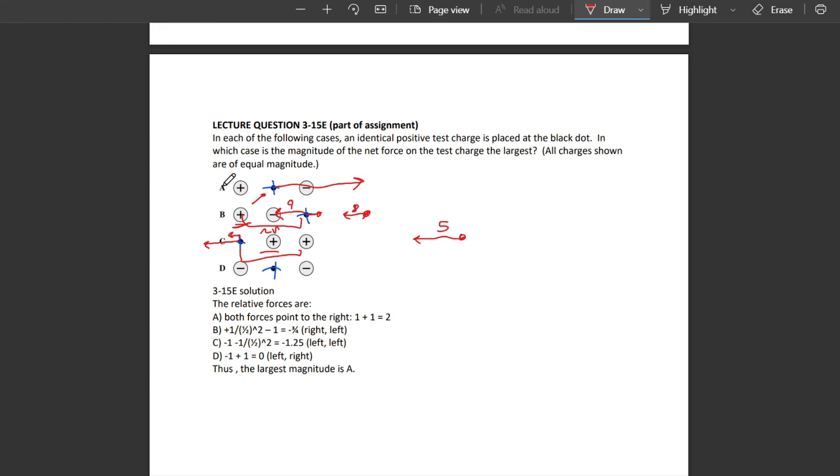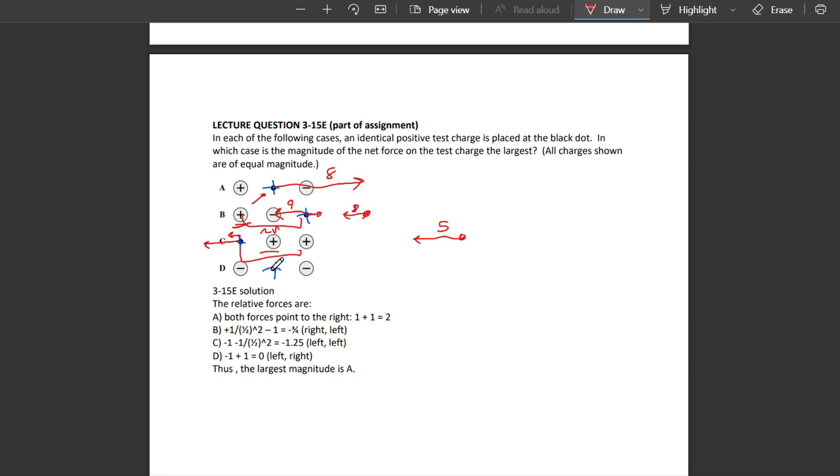Coming back up to A, since these are equidistant and have equal forces, we could say that this is 8 to the right. And then finally we have D, where this positive test charge is being pulled in both directions by the negative charges. Since these are equidistant, they're acting equally on this particle.